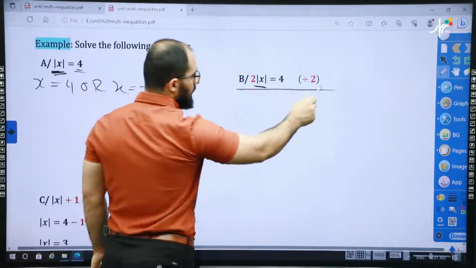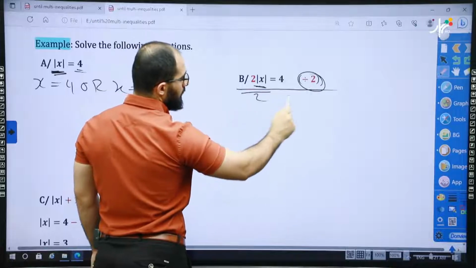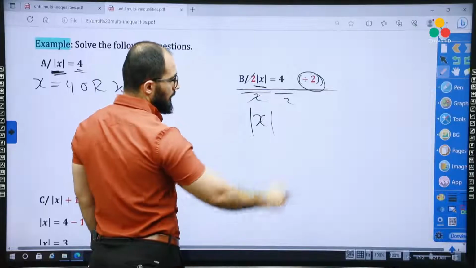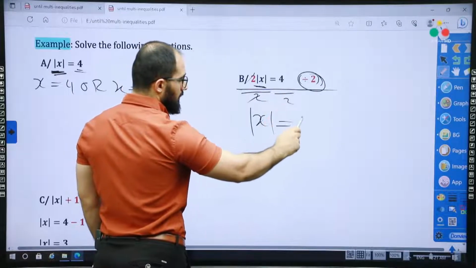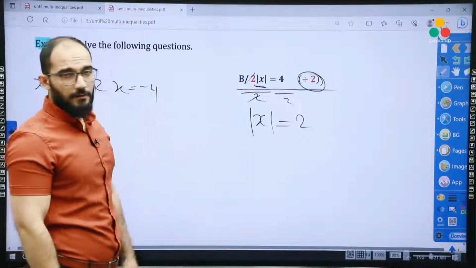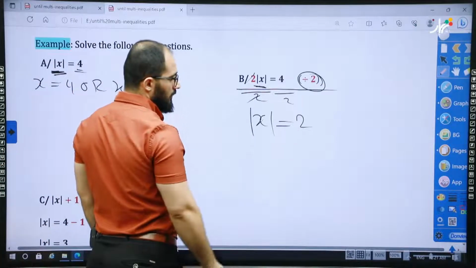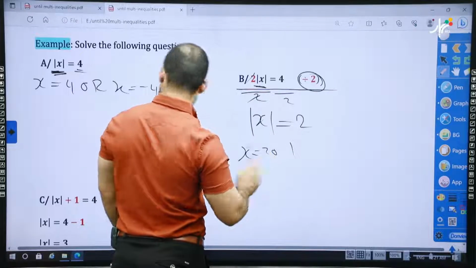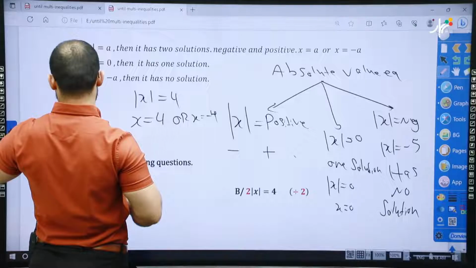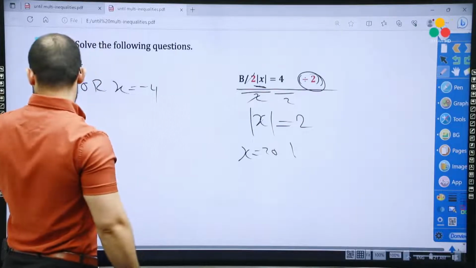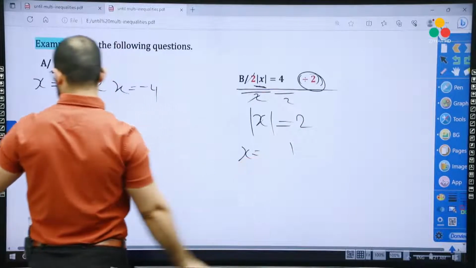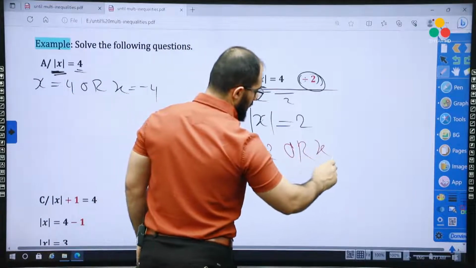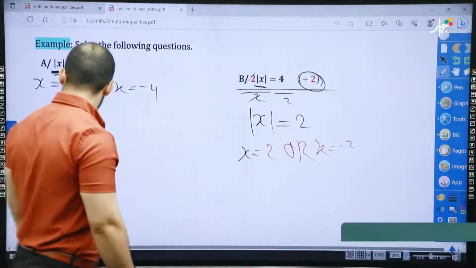We divide both sides by 2, and 2 and 2 cancel. The absolute value of x is equal to 4 divided by 2, which is 2. Right now we have absolute value equal to a positive number. That's why x is equal to 2 or x is equal to negative 2.